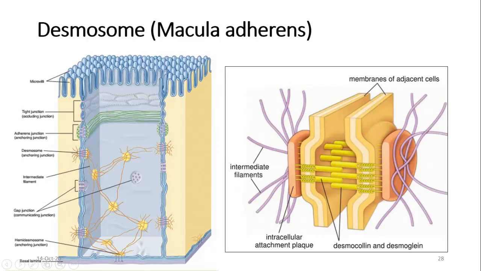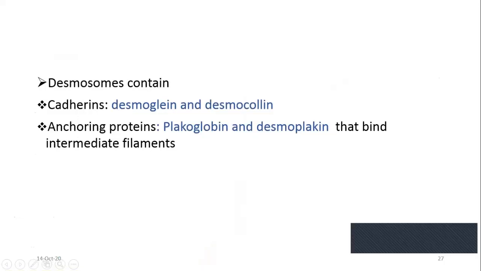We'll find that the transmembrane proteins are desmocollin and desmoglein. On the cytoplasmic side, they attach to this intracellular attachment plaque, which is composed of the previous proteins we talked about, the plakoglobin and desmoplakin.